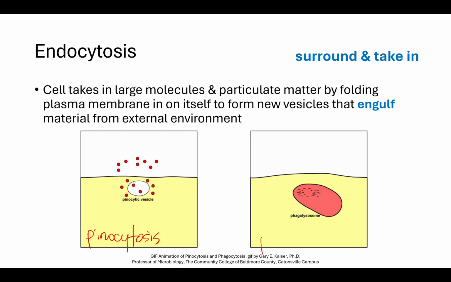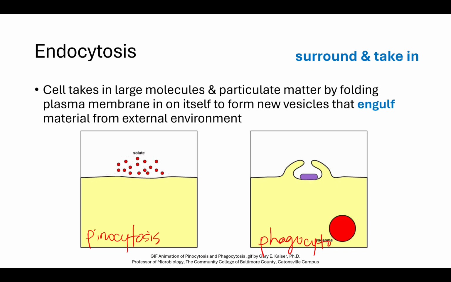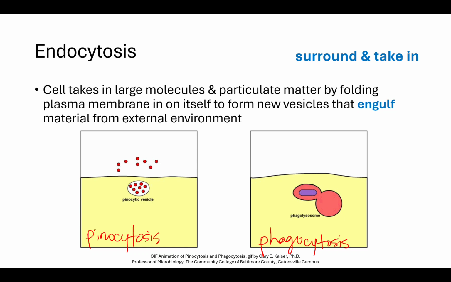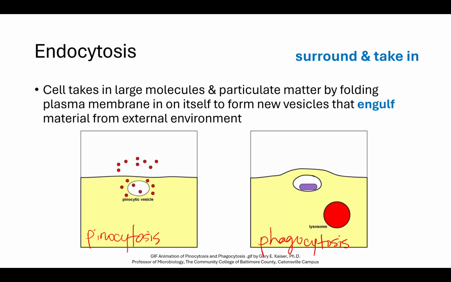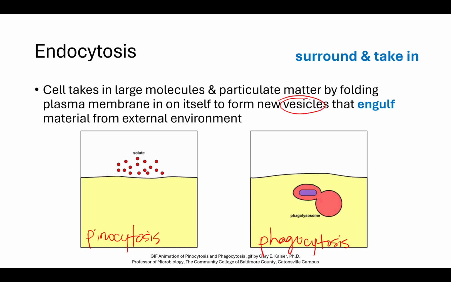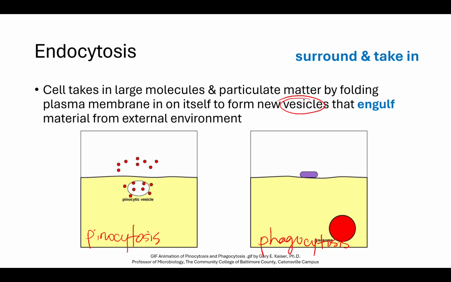The other type of endocytosis shown here is phagocytosis, which is how some single-celled organisms will eat. Usually they'll take that vesicle that forms when they take in whatever molecule, and join it with the lysosome. The lysosome helps digest it, and then the cell can extract nutrients from that new vesicle that's made. Keep in mind that this forms vesicles inside the cell. So those bits of membrane that are pinching off with whatever material you've brought in, those are vesicles.